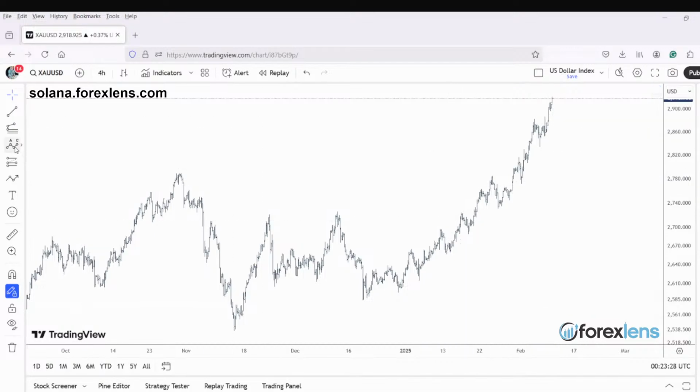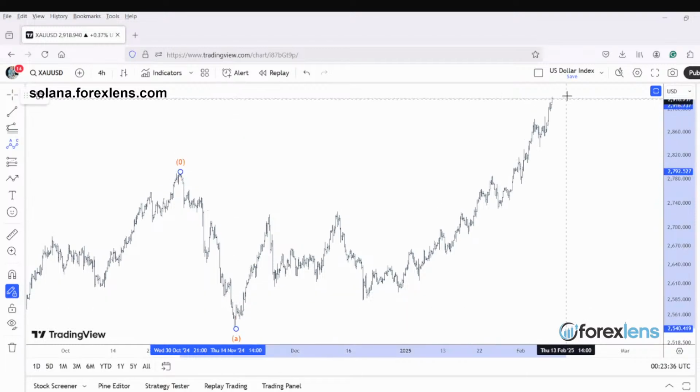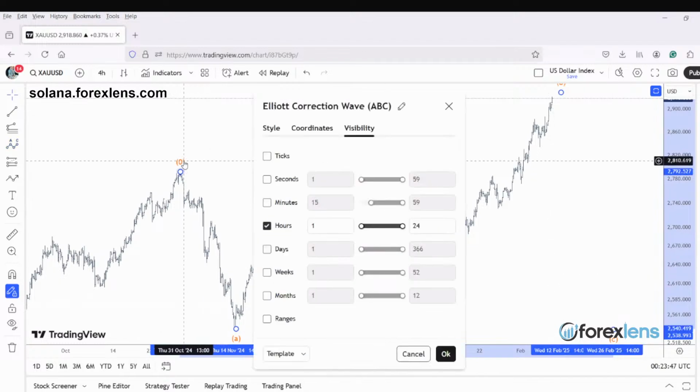So what it's doing right now is, if it is an ABC, when I'm putting that B aside for now, is it an ABC, or is it the fifth wave extension? Because now we are approaching quite swiftly.